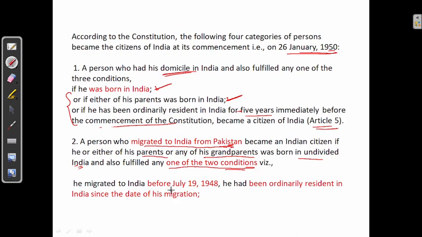He migrated to India before July 19, 1948, and he had been ordinarily resident in India since the date of his migration. Understand? So if he migrated to India before July 19th, 1948 and had been ordinarily resident in India since the date of his migration, this is one condition.